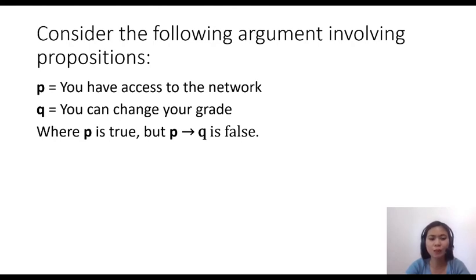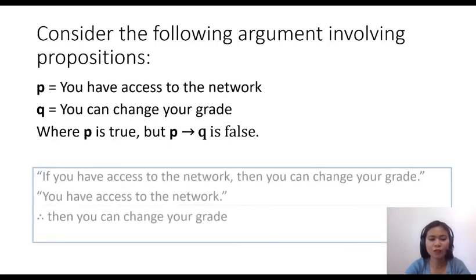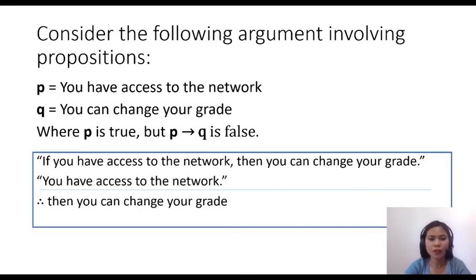So, we already know that P is you have access to the network. Q represents you can change your grade. So, this is what we obtain after substituting these values. If you have access to the network, then you can change your grade. So, let me draw here. This is P, and then this is Q. You have access to the network. This is also P. And you can change your grade. This is Q. Okay. And then, our P here is true, right?